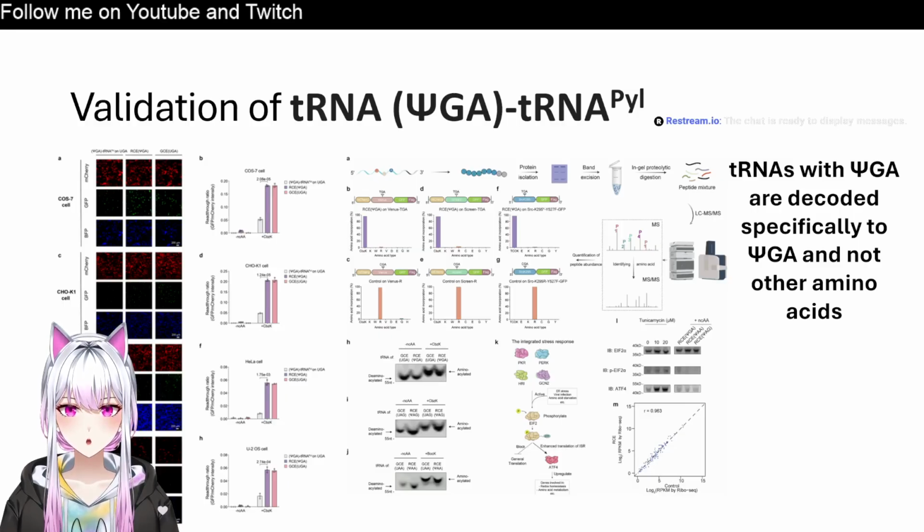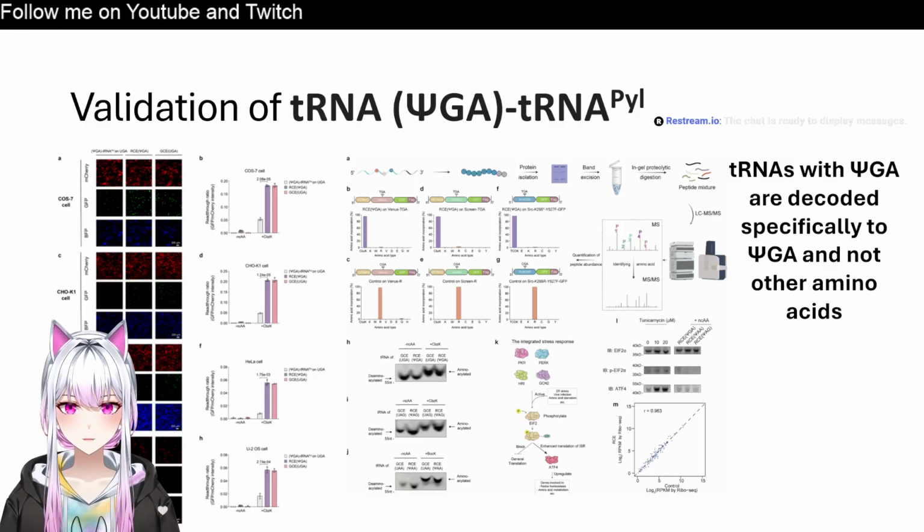Next they want to confirm that this tRNA actually decodes pseudouridine specifically, and that natural amino acids don't just bind to the pseudouridine as well. So they did liquid chromatography mass spectroscopy and liquid chromatography tandem mass spectroscopy, and looked at tRNA charging using acid gel northern blots.